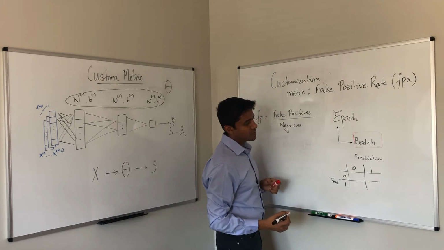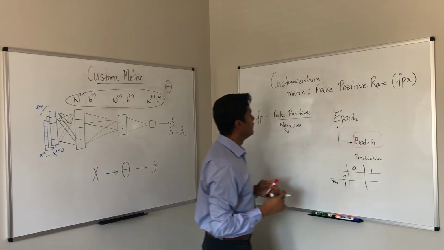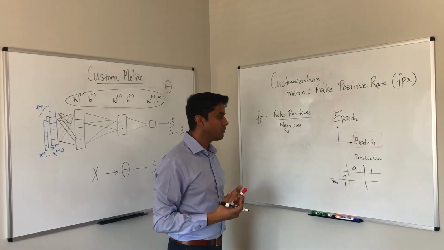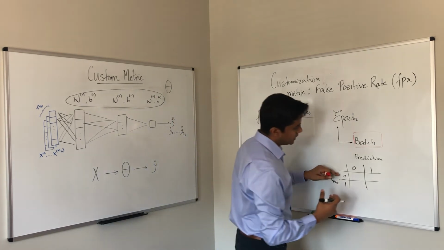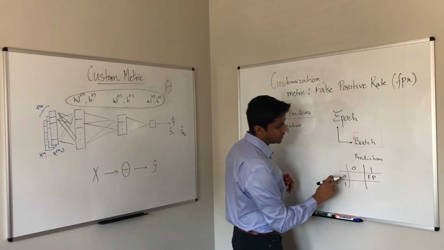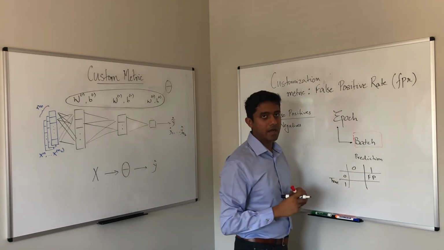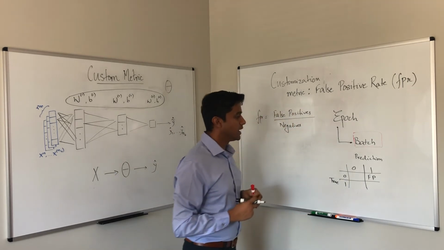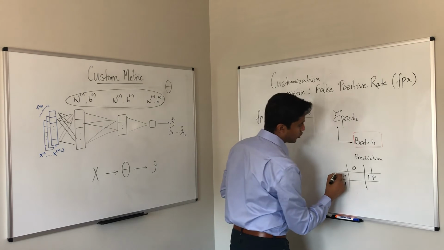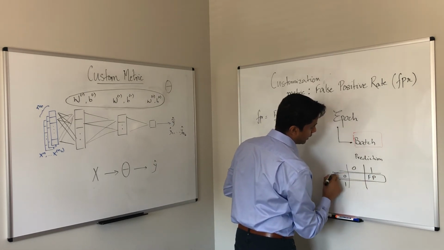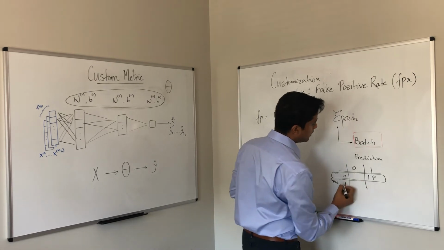The false positives are the cases when we are falsely predicting a sample as 1 when it is truly 0, which means this particular cell, false positive, it is truly 0 but we predict it as 1. And the denominator, which is the negatives, is basically the total number of zeros we have, so basically this entire row.